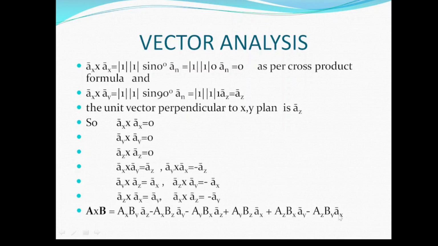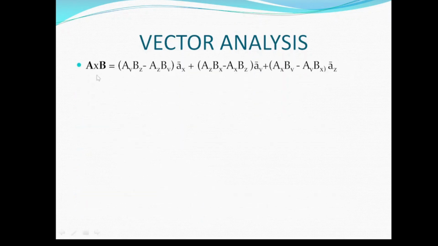So here we can take the common unit vector ax. Here we have one ax term, and here also one ax term, and ay terms here and here, and az terms here and here. So take the common ax, ay, az.